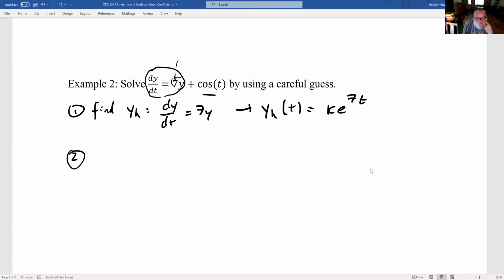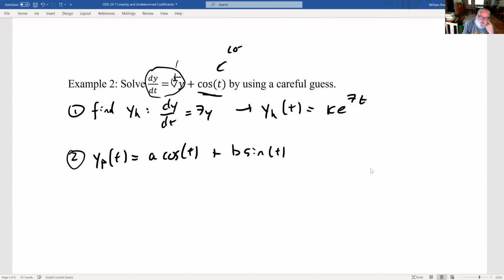Cosine t, as you know from calculus, is always connected to sine t. So if we ever have a cosine t or a sine t on the right-hand side, we always guess a cosine t plus b sine t. And if this had been a cosine 3t, your guess would be a cosine 3t plus b sine 3t. You want to make sure that you match whatever's inside of your cosine.